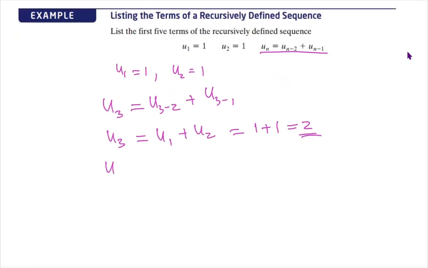By definition of un, u4 will be u4 minus 2 plus u4 minus 1. u4 will be equal to u2 plus u3.